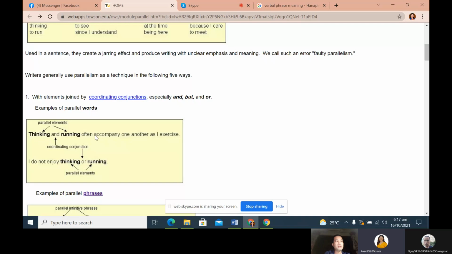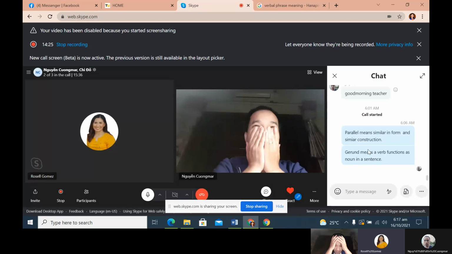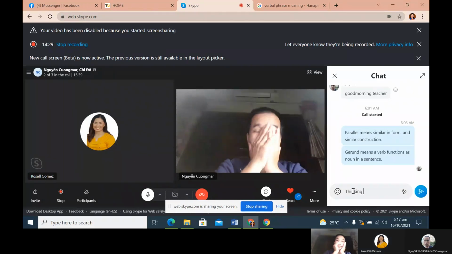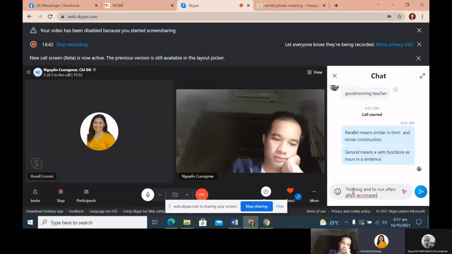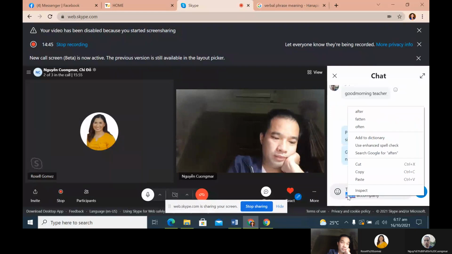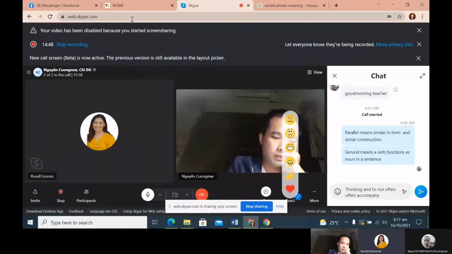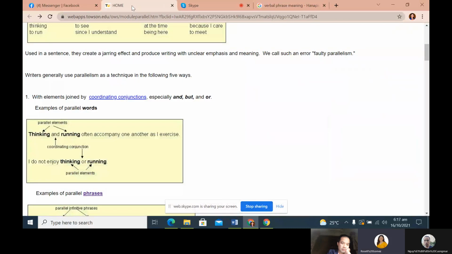How to make this sentence not parallel? We can say: thinking and to run often accompany one another as I exercise.